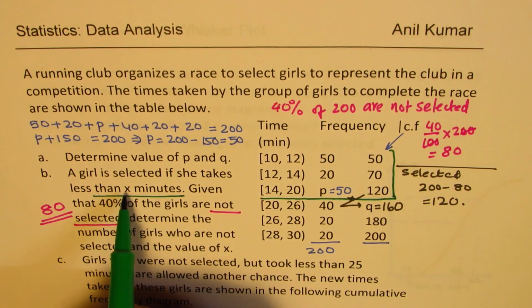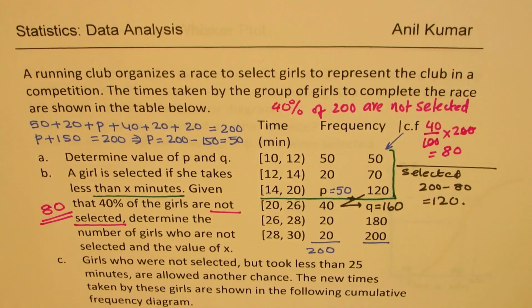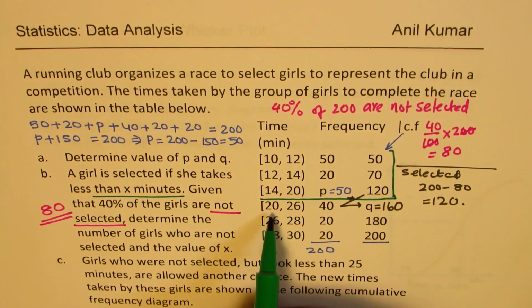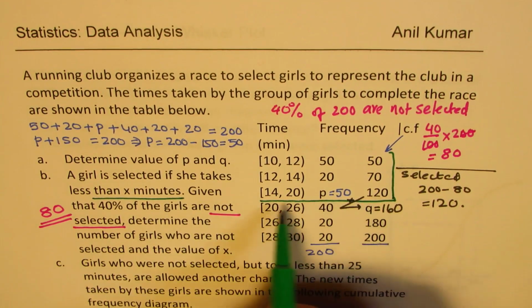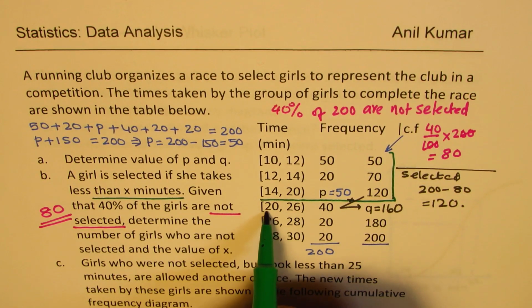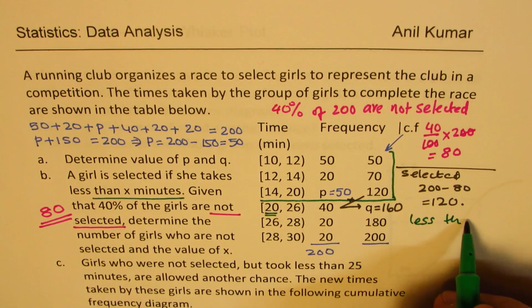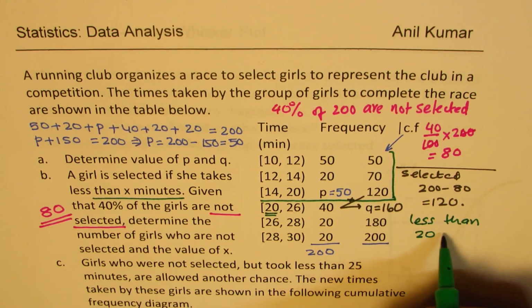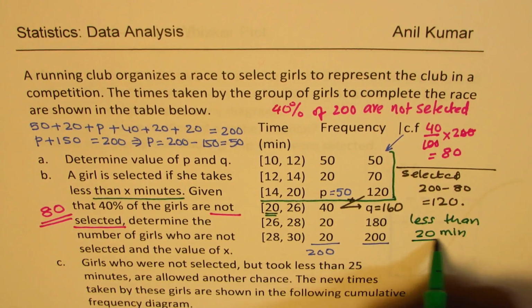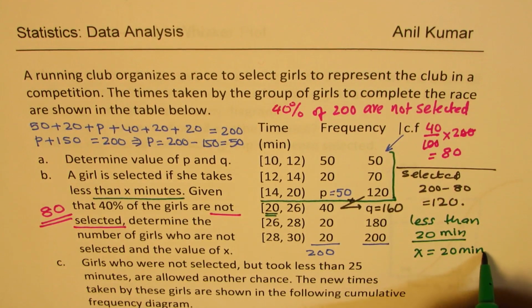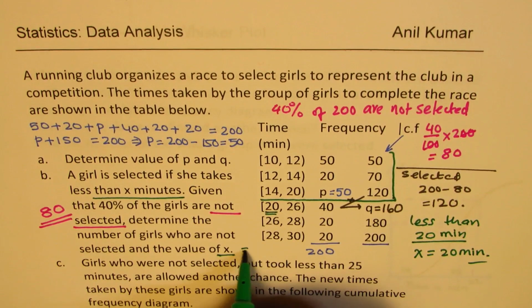So less than X, we need to find what is X. So here less than X minutes means less than 20, right? We are selecting this group, less than 20, right? So it means less than 20 minutes. So that means X is equal to 20 minutes. Clear? So the value of X is 20 minutes.